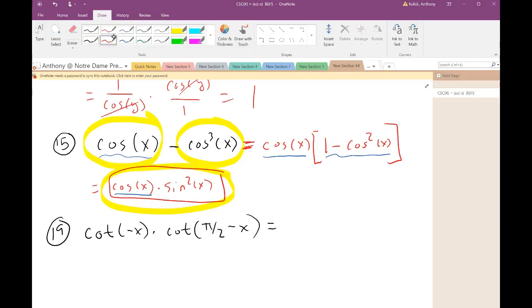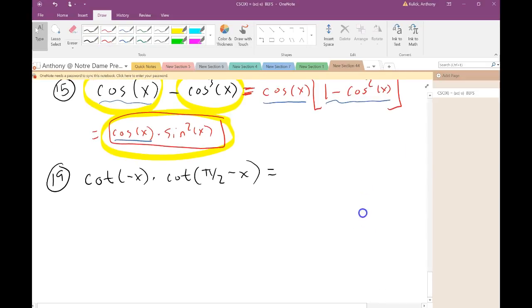What did y'all want to do first on number 19? Okay, so Sebastian says cotangent negative x can turn into negative cotangent x. And we should also notice that, what else can we do?